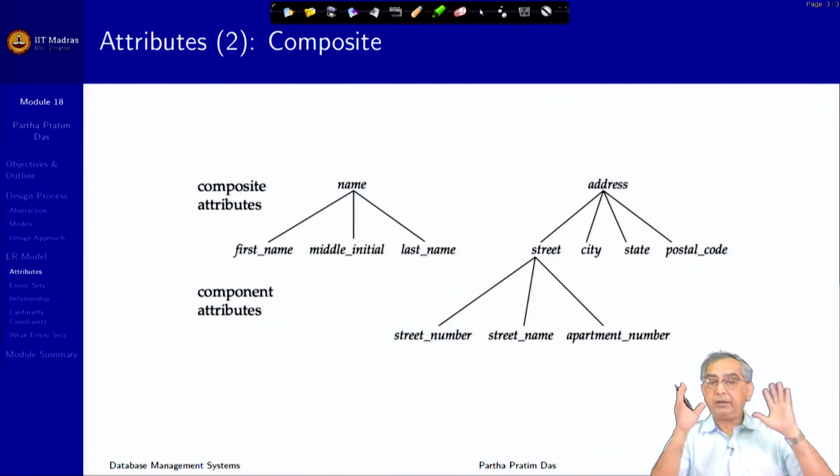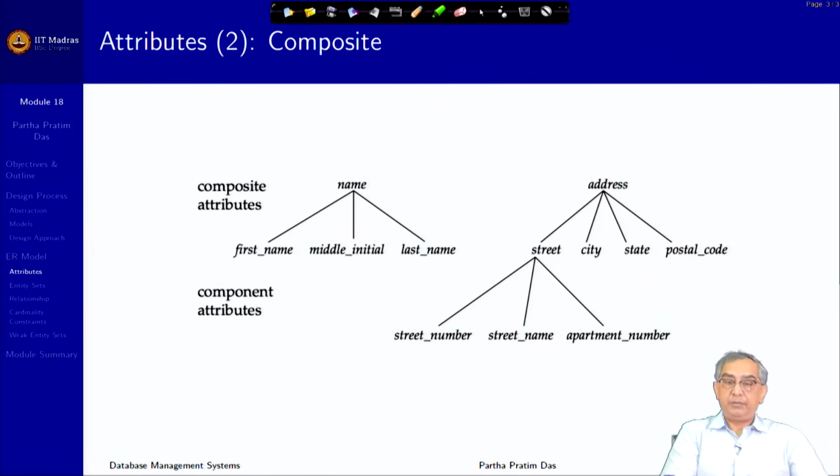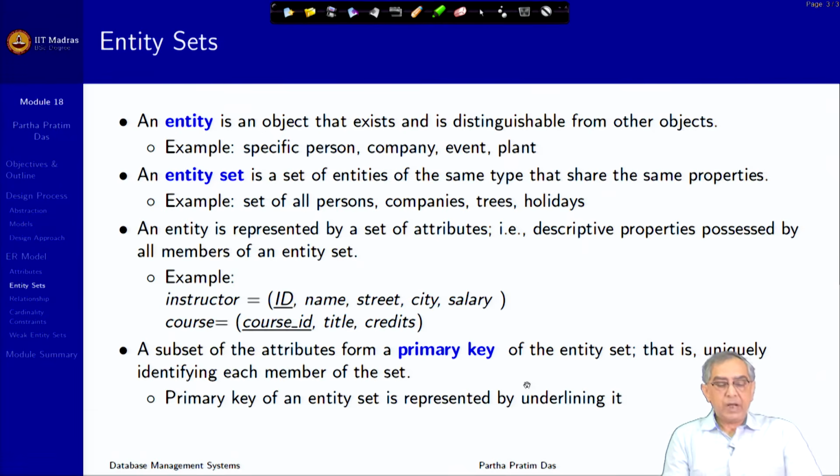So, we will have to see, in case of a composite attribute, how we actually model it and represent it. Now, entity sets are clearly sets of distinguishable objects qualified by the attributes, and you have already seen that. Instructor, course, all these we have been using for long.